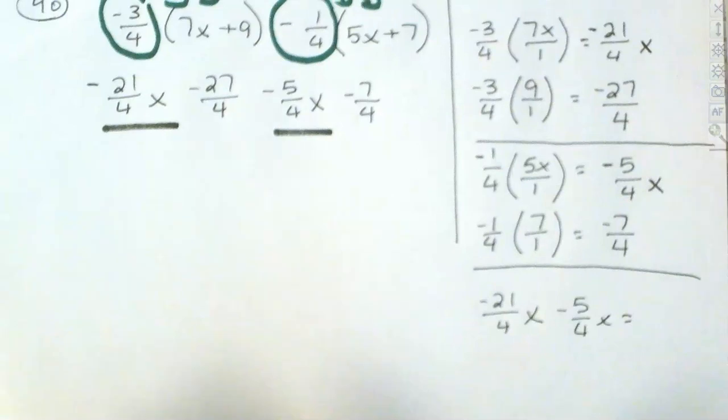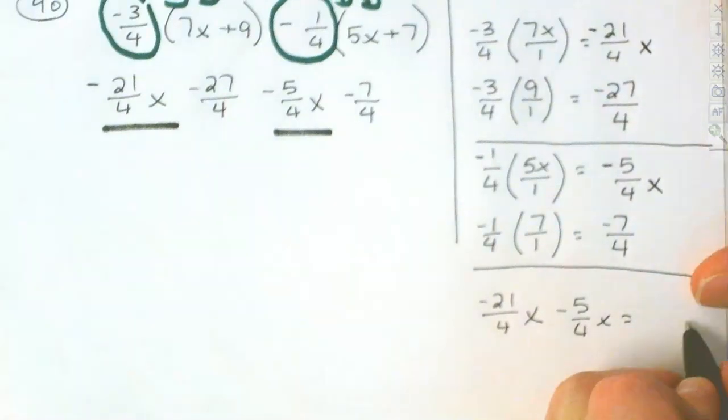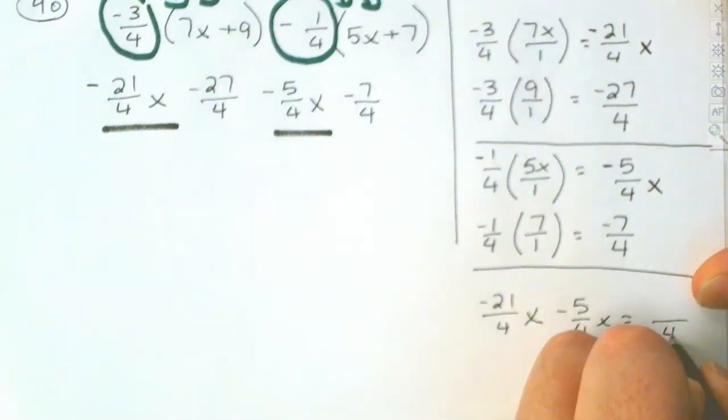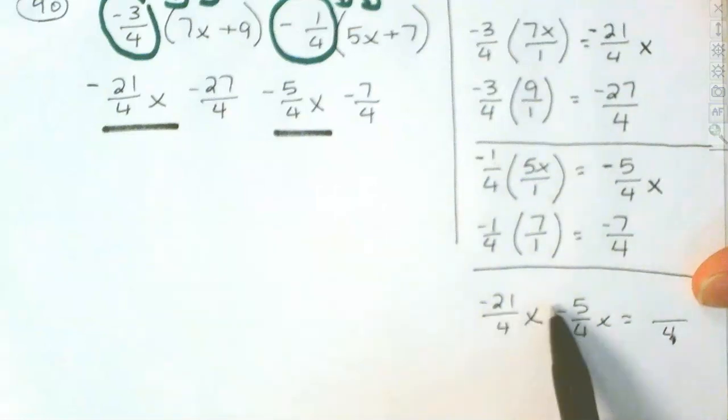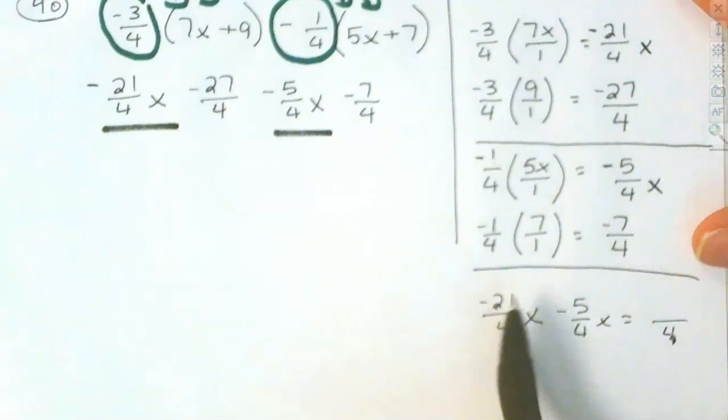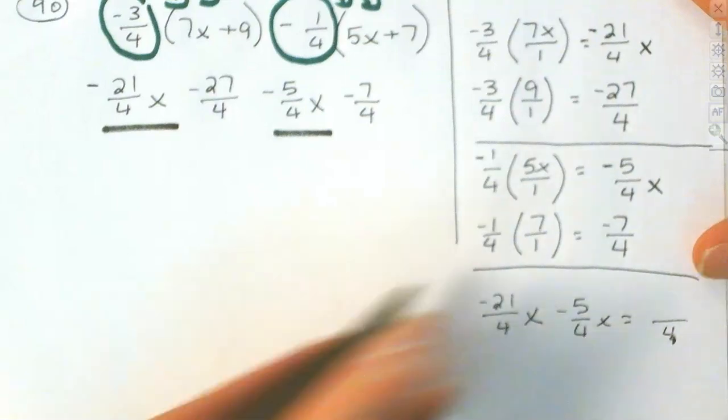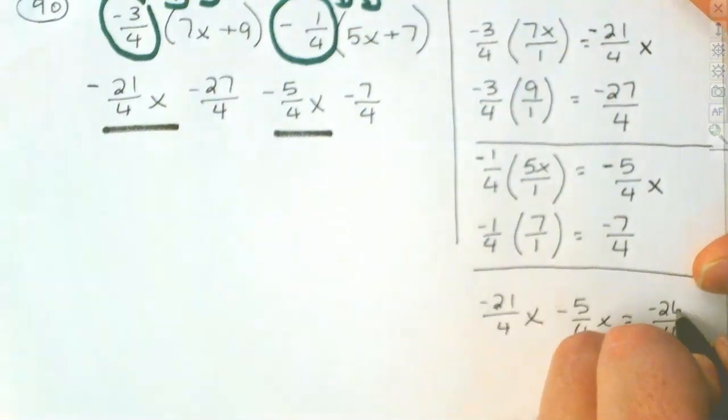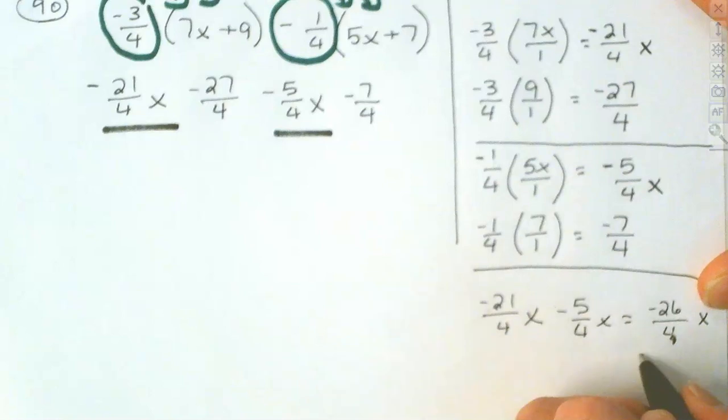We are lucky because these already have the same denominator of a 4. And then those can go together. Minus 21 and minus 5 makes it a minus 26 over 4x.